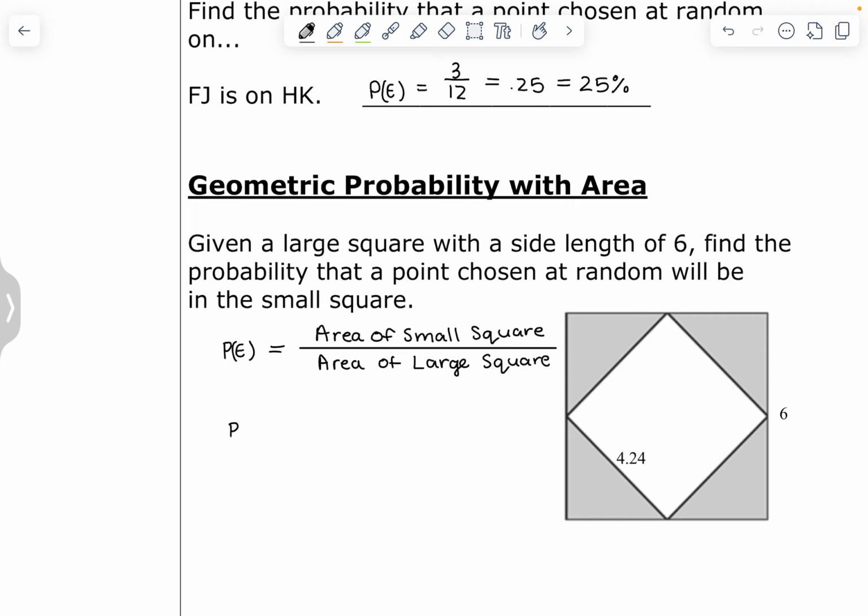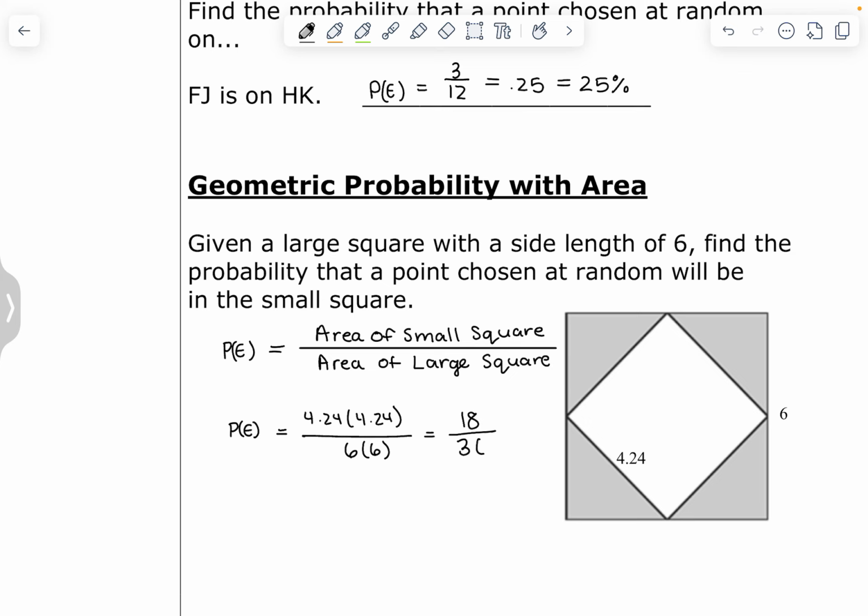And so the probability of this event, we should remember from Unit 6 that to find the area of a square, it's going to be length times width. And so we get 17.97, which we're going to round up to 18.